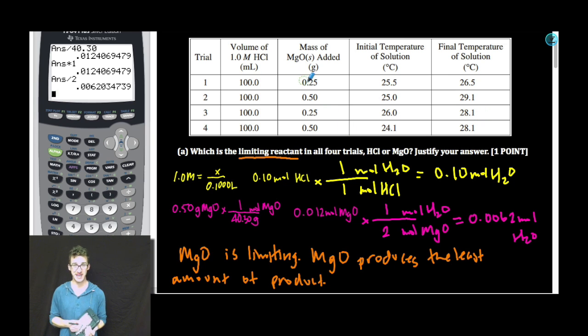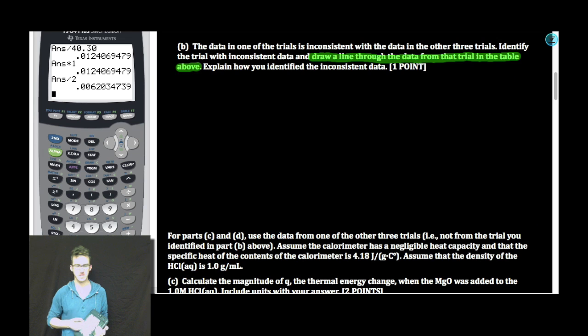I'm using the same mass as trial 1, but my increase has gone up 2 degrees instead of 1. And then finally, trial 4, we're back to 0.5 grams. My temperature increase is again about 4 degrees Celsius. So, as I look to identify the trial with inconsistent data, I'm going to draw a line through trial 1. Let's answer this. Trial 1 is inconsistent.